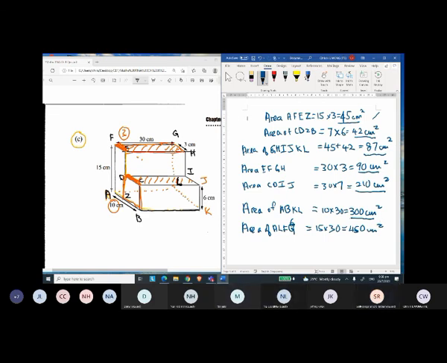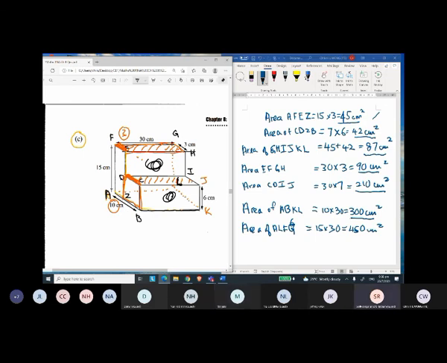Now you look very carefully. Do you agree that the front, this area plus this area, is the same as the area behind, 450? It's the same area. Do you agree now?